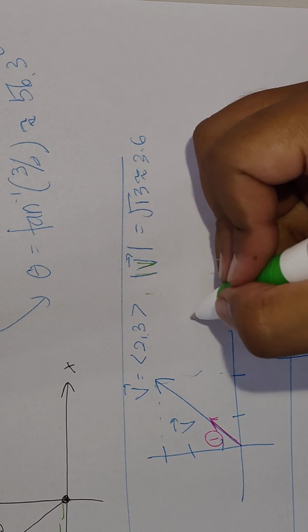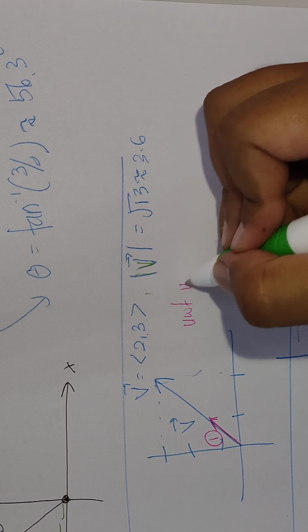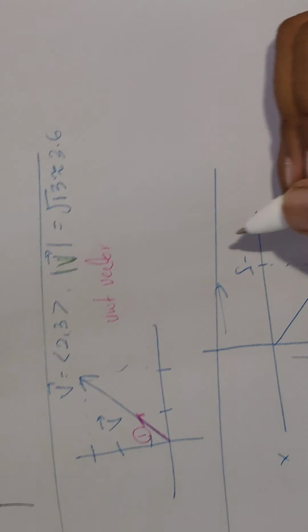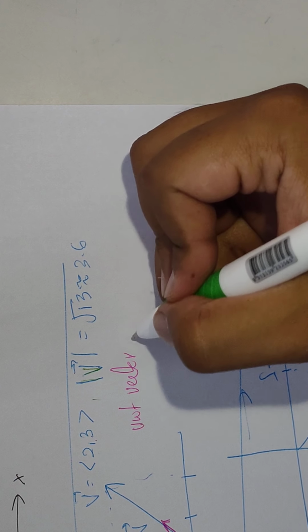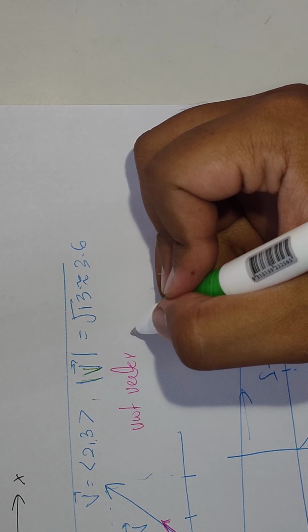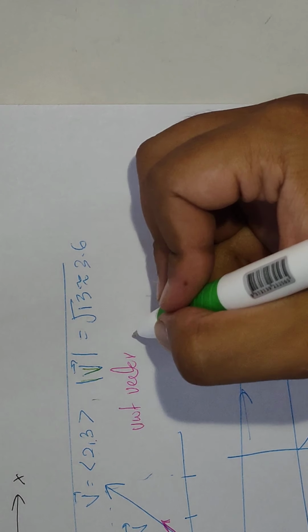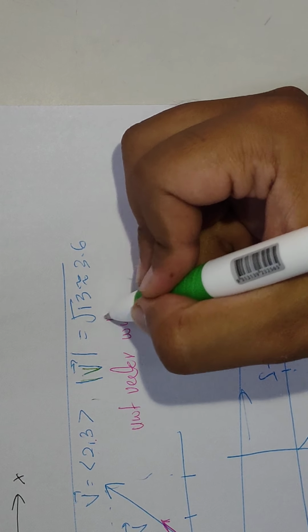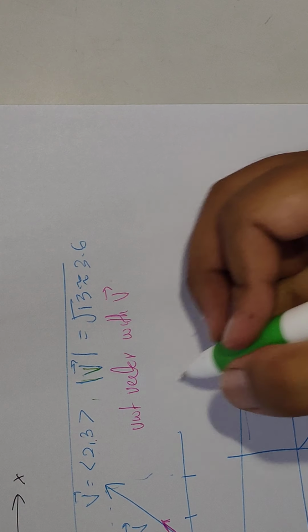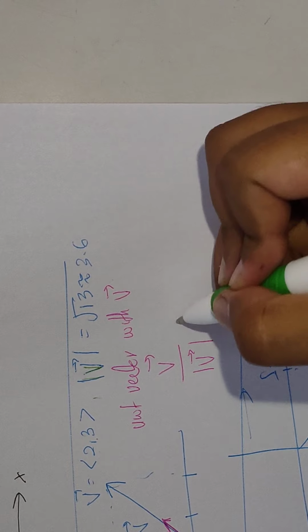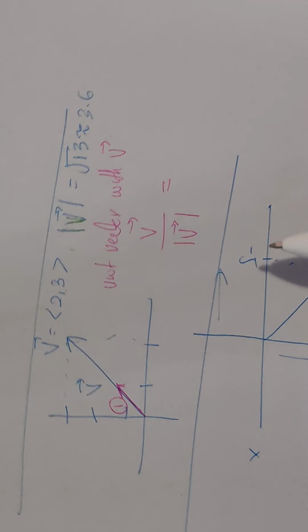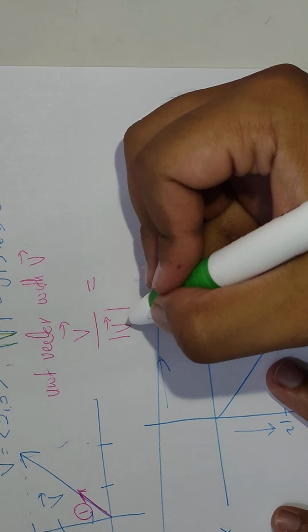The idea is that the unit vector in the direction of V will be V over the magnitude of V. Here, what is the magnitude of V?